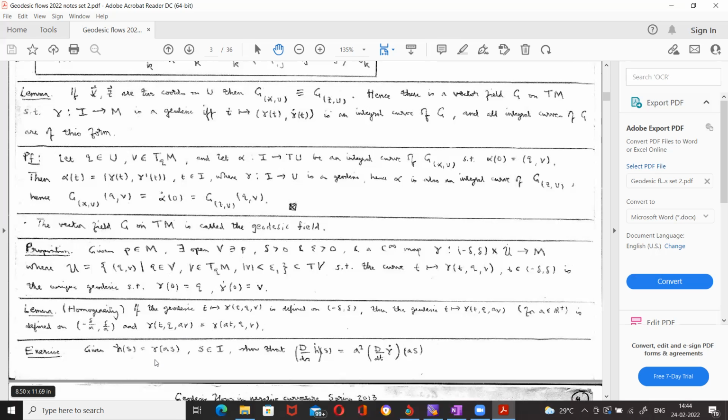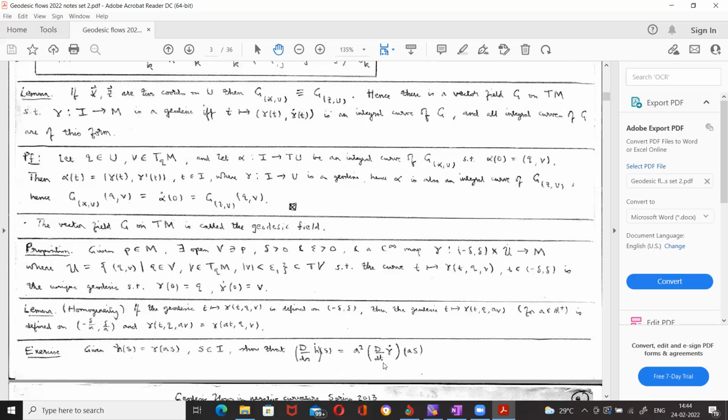If I take any curve gamma and look at a new curve given by rescaling the time, so h(s) equals gamma(as), then the exercise asks you to show that D/ds of h dot(s), so note that h dot is a vector field along the curve h, and the curve h is not the same as the curve gamma, it's a reparametrization of gamma, this D/ds of h dot(s) will be equal to a squared times D/dt of gamma dot at the point as.